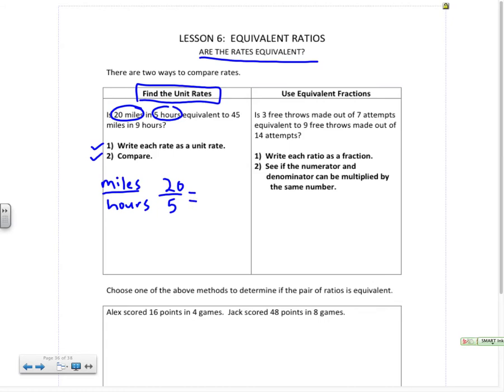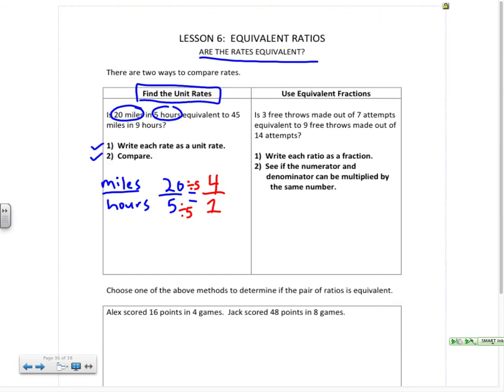Unit always means 1. So, Mia, can you tell me what to do? You would divide 5 by 5, which would equal 1. So then 20 divided by 5 would equal 4. Very good. So miles per hour for the first rate is 4 to 1.